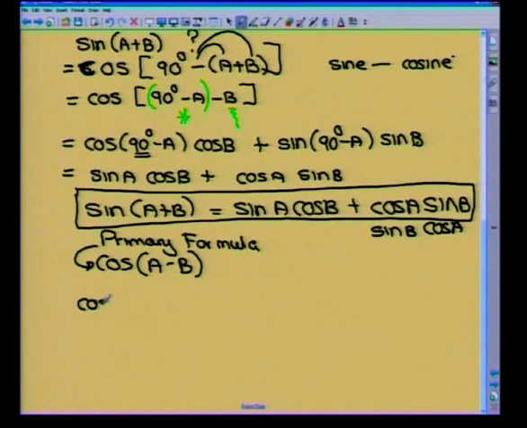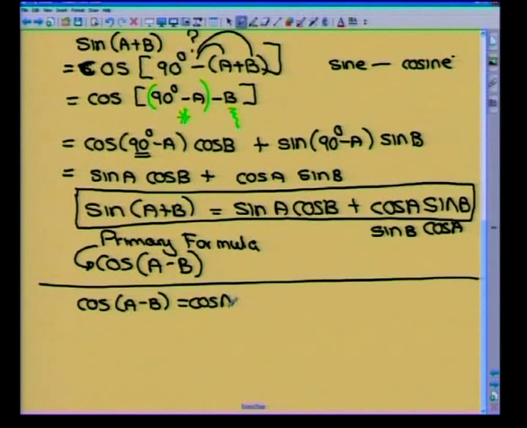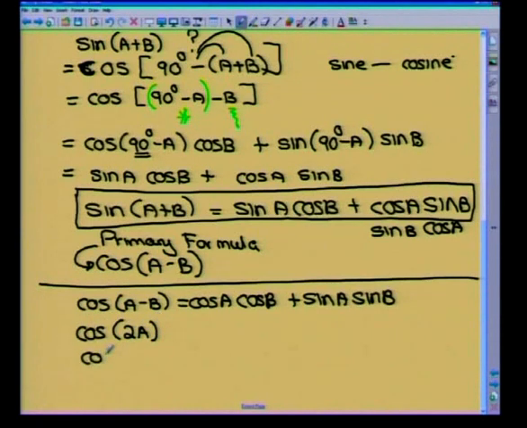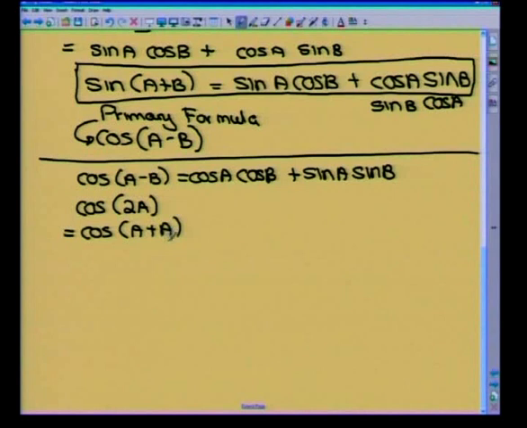So what do we know? We know that cos A minus B is cos A cos B plus sine A sine B. Now they want a formula for cos 2A, which of course could be written as cos A plus A. And normally it would be absolutely fine to extend that out.